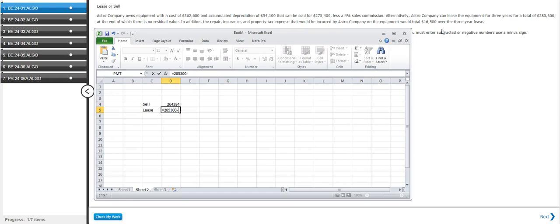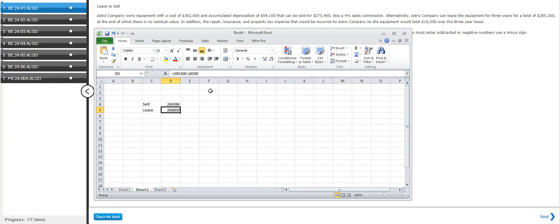Being the owner makes us responsible for repair, insurance, property tax, costs like that that we're going to have to pay in cash. So we're going to subtract that out. That's $16,500. Notice it doesn't say per year, so that's the amount for 3 years total. If it said per year, we'd need to multiply it by 3 in this example, but it doesn't.